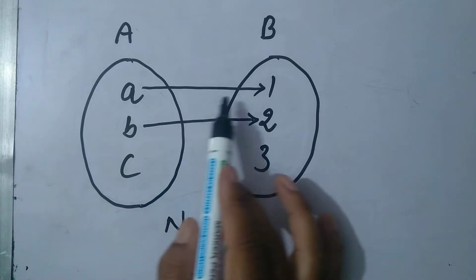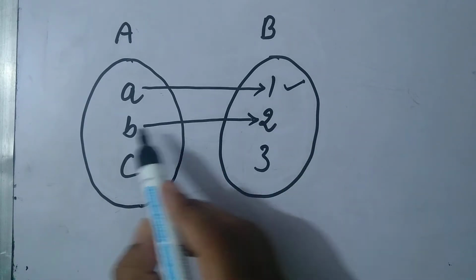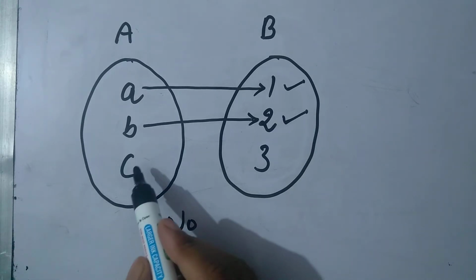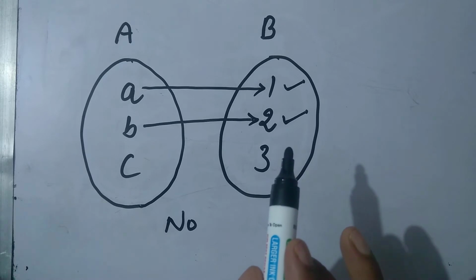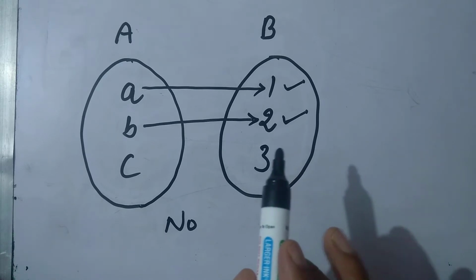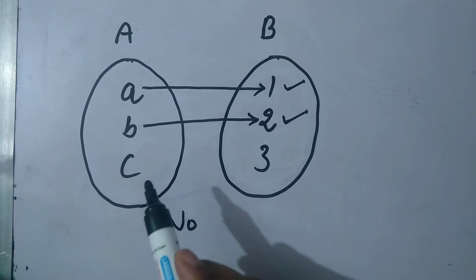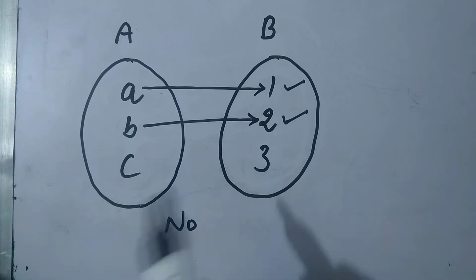Because A has one and only one image, okay. B has one and only one image which is 2, okay. But here C has no image. What the definition of a function says is, each element of set A should have one and only one image. So this is not a function because C has no image.